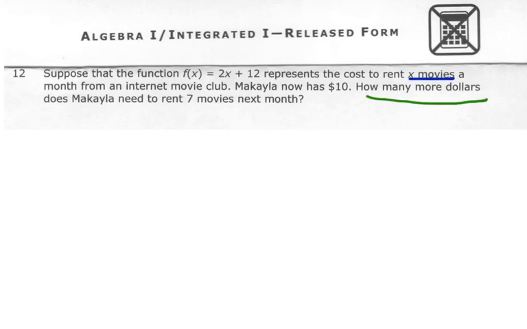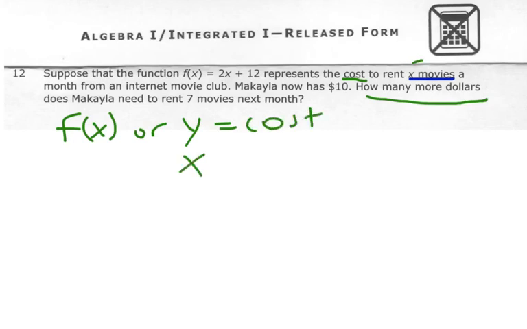So we're looking for cost, and it says that that function represents the cost. So in other words, our f of x, or our y, represents cost in dollars, and our x, it told us, was the number of movies a month. So the number of movies.